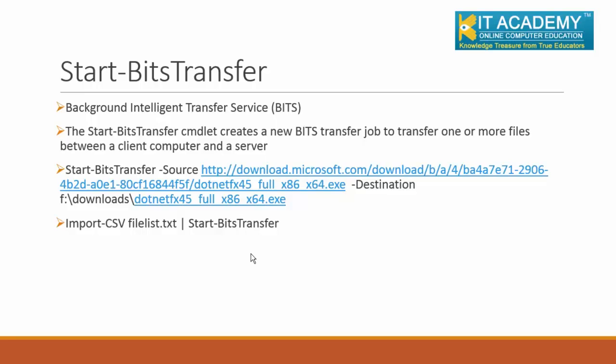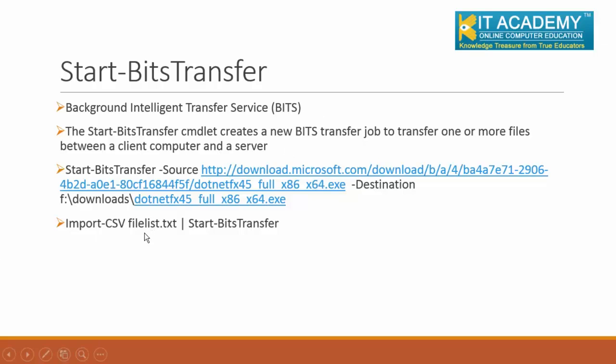If you wish to download multiple files using the Start-BitsTransfer cmdlet, the other option is to create a text file and put all the links of all the prerequisites into this file.